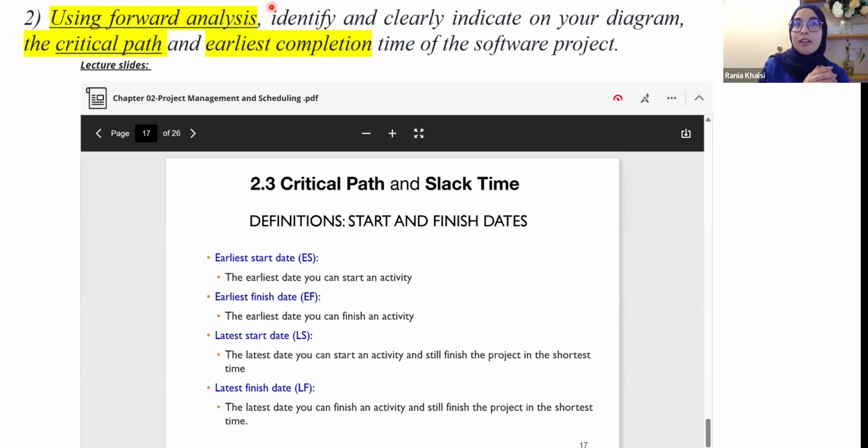Other concepts we introduced, like the latest start date, which is the latest date you can start an activity and still finish the project in the shortest time. We also introduced the latest finish date, which is the latest date you can finish an activity and still finish the project in the shortest time. So all this is needed.